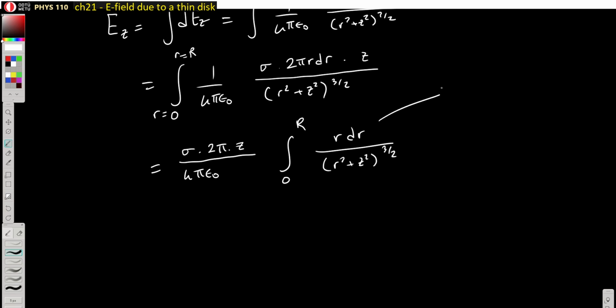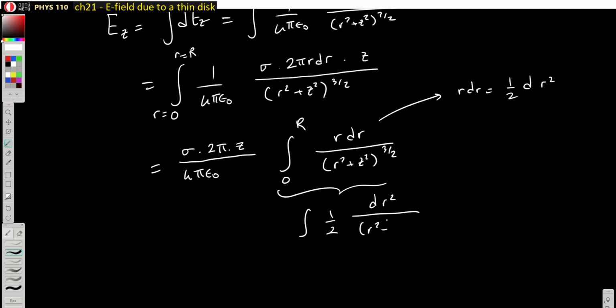Now, let me first of all say it like this. I usually do these kinds of expressions like this. This r dr is basically 1/2 of the differential of r squared. This is basically a change of variable, but without formally defining the variable that you are changing to. So you can write this expression as, forget about integration bounds, the differential of r squared divided by r squared plus z squared to the power 3/2.